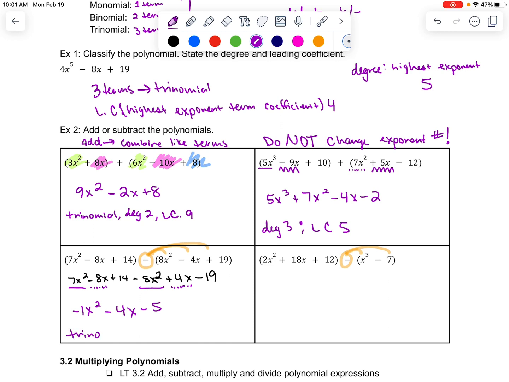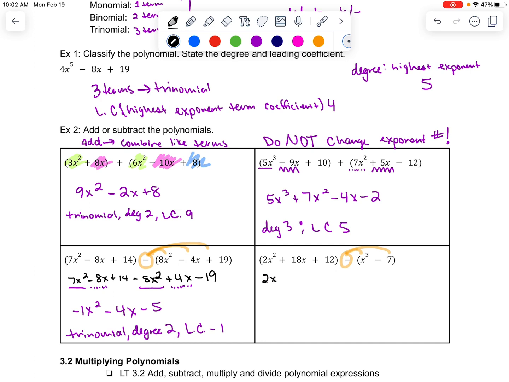This is a trinomial, degree 2, LC of negative 1. So on that last one there, again, distributing that negative to anything inside the parentheses, AKA just switching the sign.